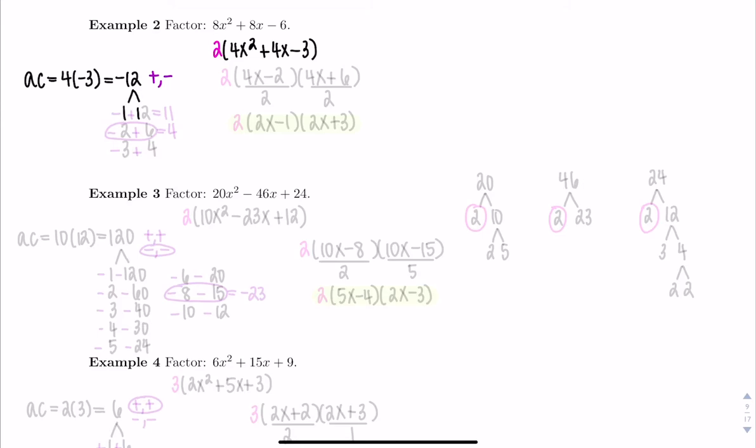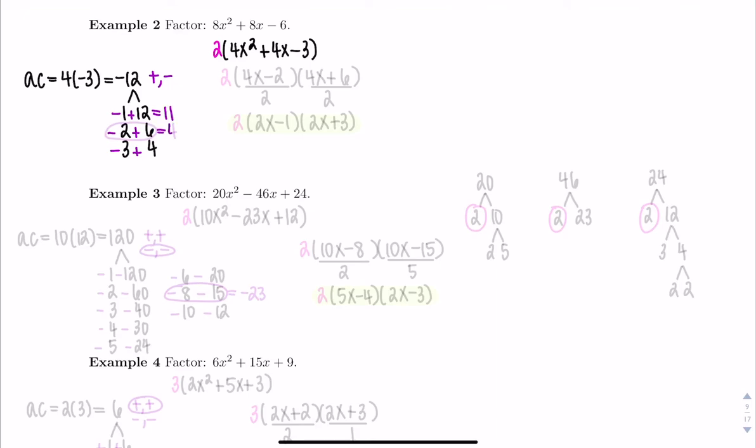The factors of 12 are 1 and 12, 2 and 6, 3 and 4, and we want to get to a positive 4, which means that the bigger number is positive and the smaller number is negative. And so in the first case, we get positive 11.